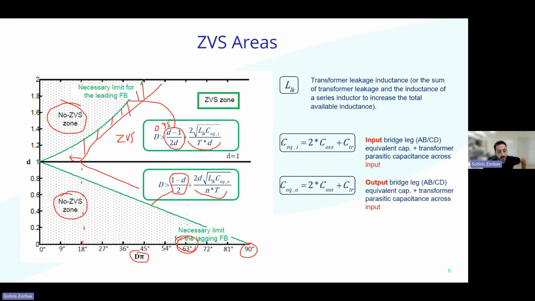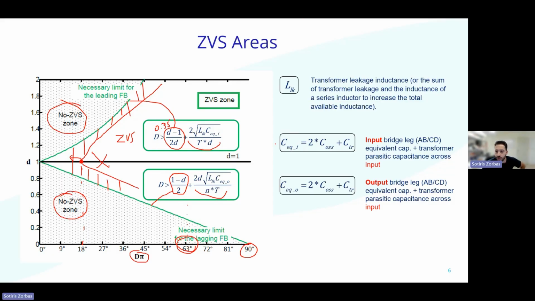So that's a better graph to plot. But again, we cannot do that here because we need to be exact with numbers. But in reality, this area here is going to have the ZVS 100%. This is the necessary and enough conditions. I think that's the wording in English.